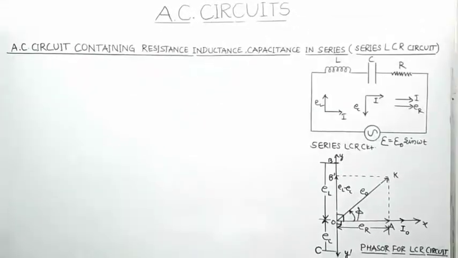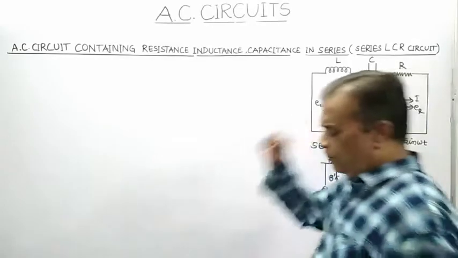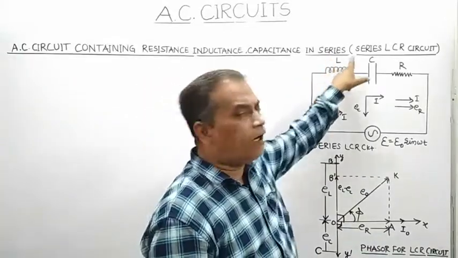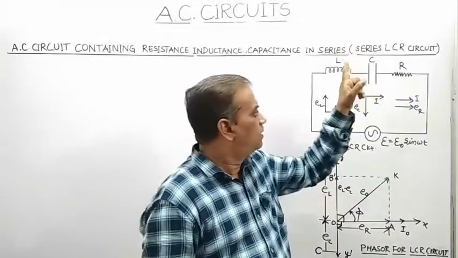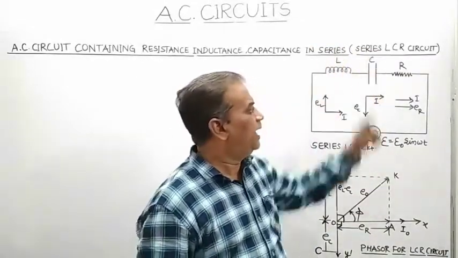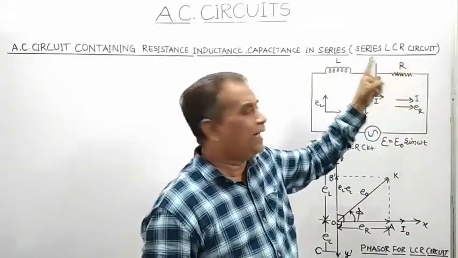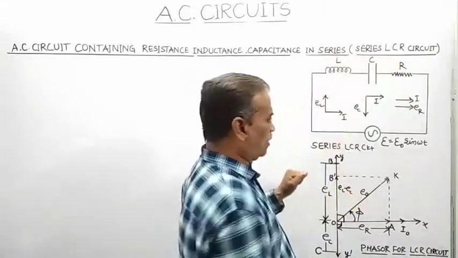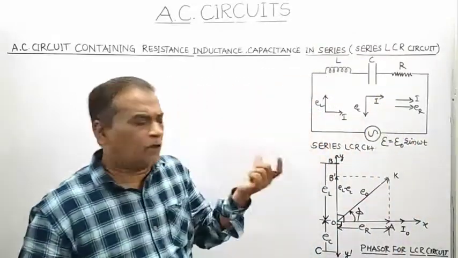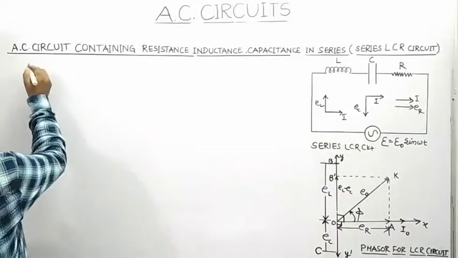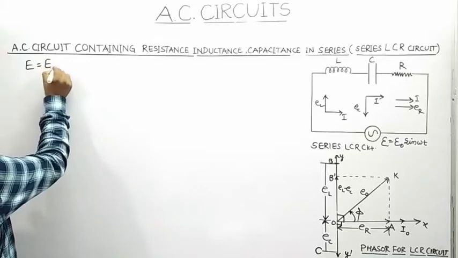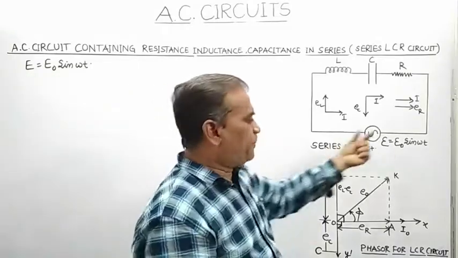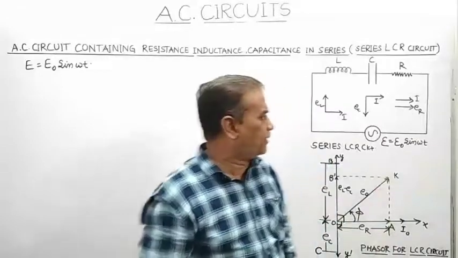Now let us consider one of the most important AC circuits, which consists of a coil or an inductor of inductance L, a condenser of capacity C, and a resistor of resistance R. These L, C and R are all connected in series, one after the other, across a source of alternating EMF given by the equation E equal to E0 sin(omega t), where E0 represents the peak value of the alternating EMF and omega is the angular frequency.